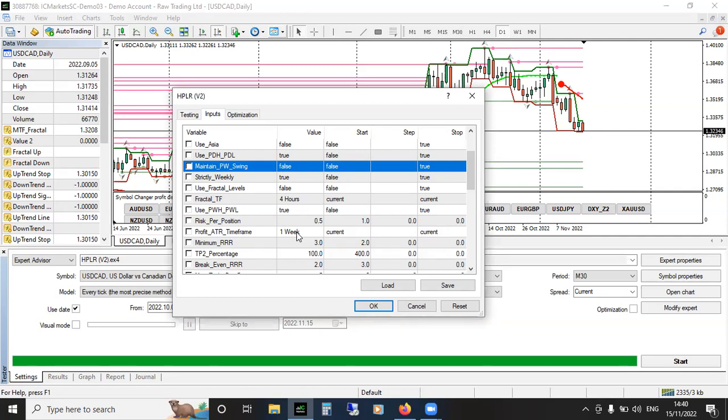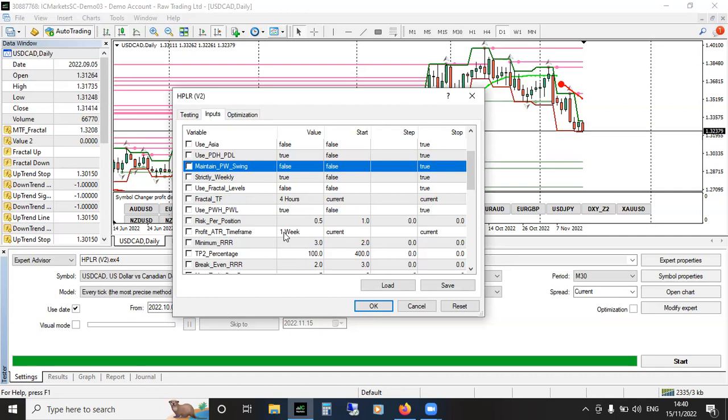So what this does is it determines what time frame is going to use the ATR. Should you use the figures for the daily ATR, or should you use the figures for the weekly ATR? In other words, what range are you expecting price to expand to?